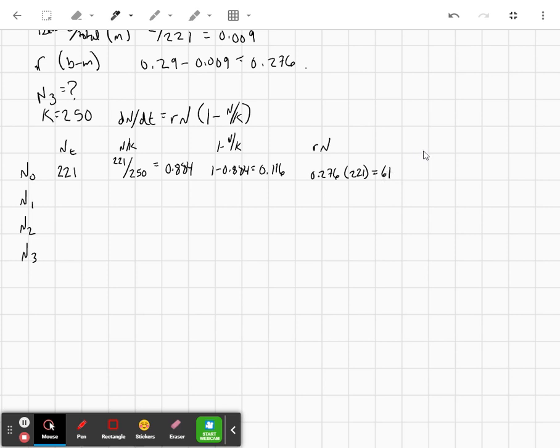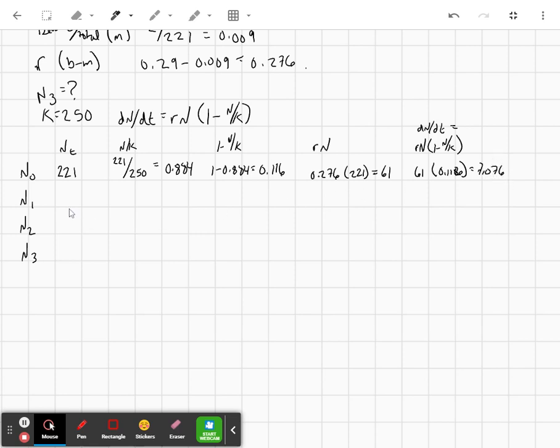And then finally, we put it all together. So R times N times the quantity 1 minus N over K will give us our dN over dt. So that's going to be equal to our 61 times our 0.116, which is equal to 7.076.